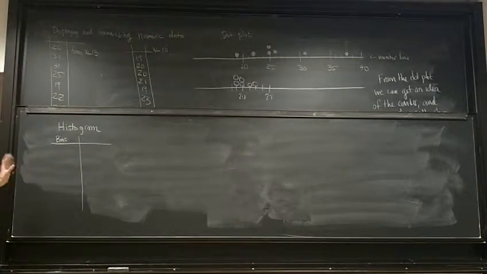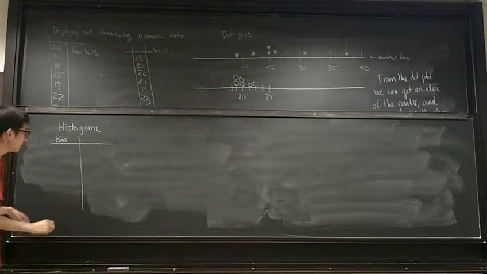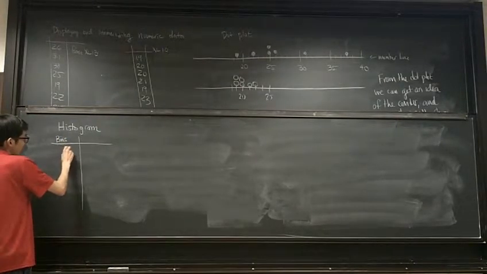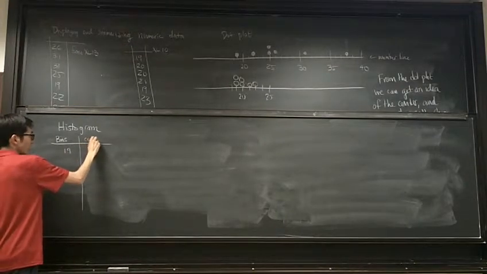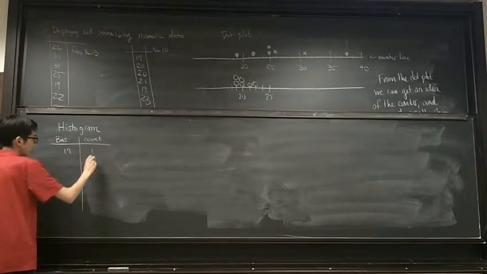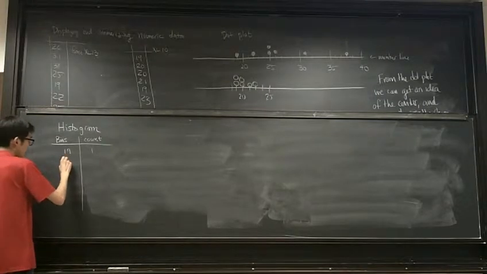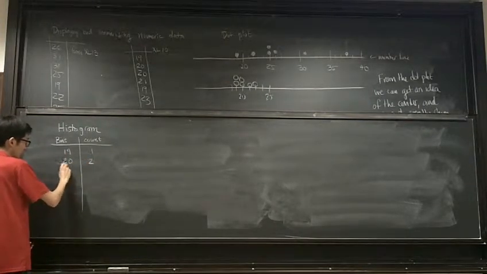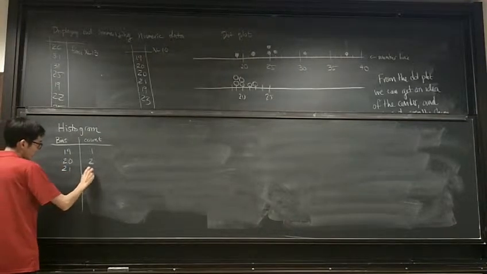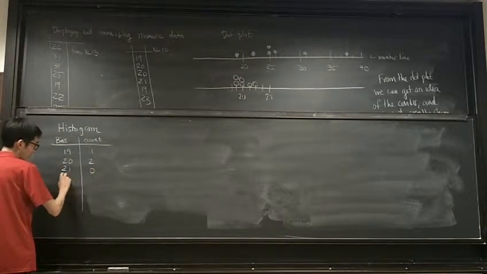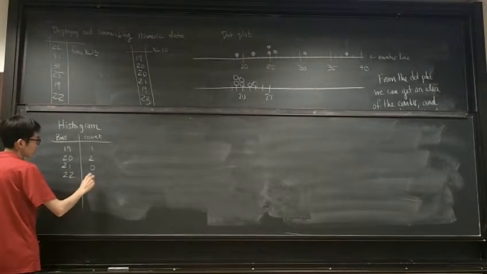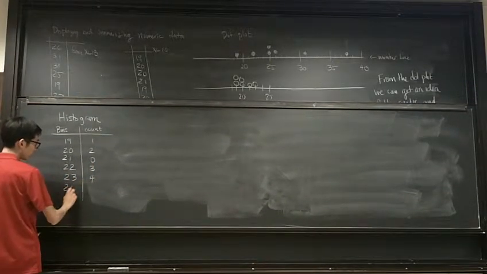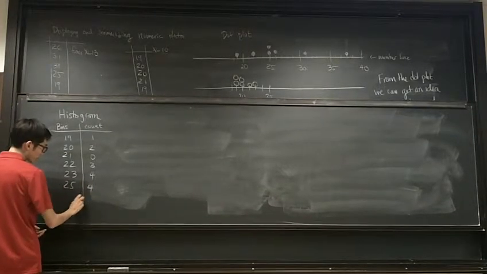Now the bins could be individual values. So we could have a bin and say how many people are age 19, and we say one person is age 19, and how many people are age 20, and there are 2 people who are age 20, and how many people are age 21, and we say 0 people, and how many are age 22? 3, and 23, maybe 4, and age 25, there's another 4, and so on and so forth.